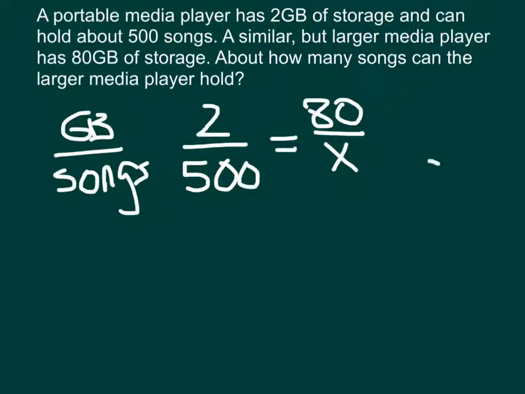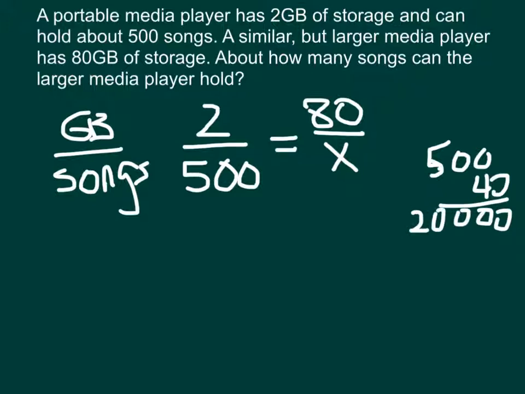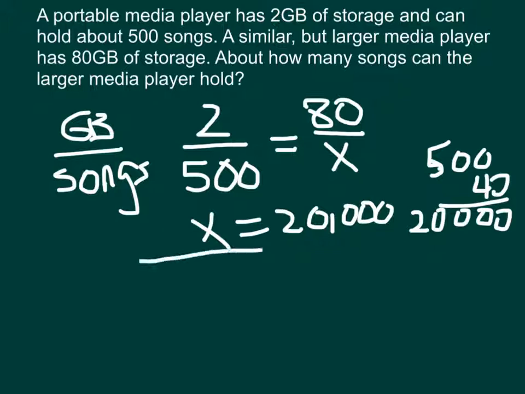So if you wanted to go ahead and solve it, you could go 500 times 40, and that would give you 20,000. So X is equal to 20,000. Alternatively, you could have gone 2 times X, and you would have gotten 2X.